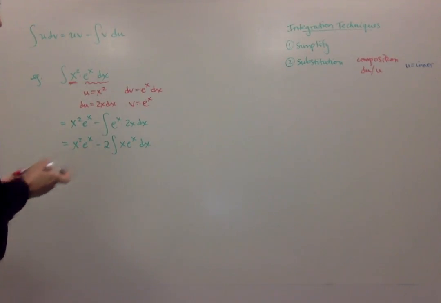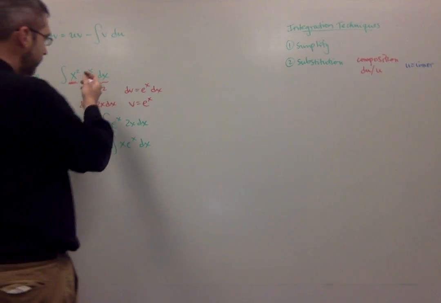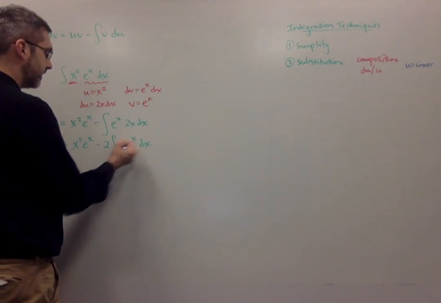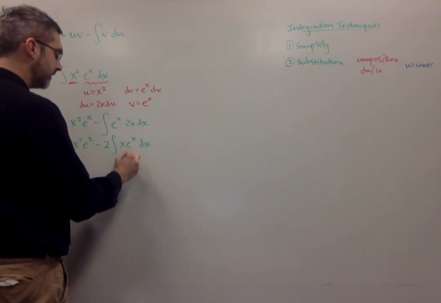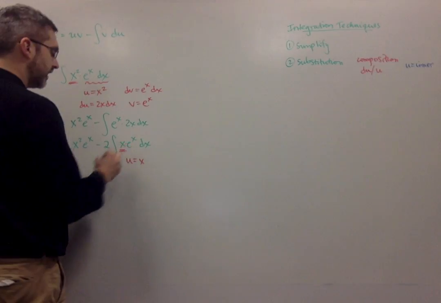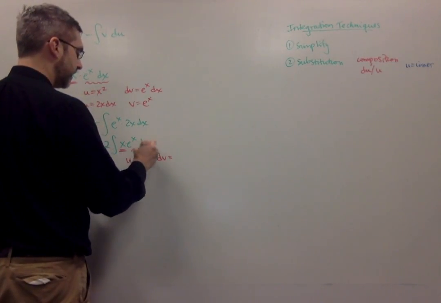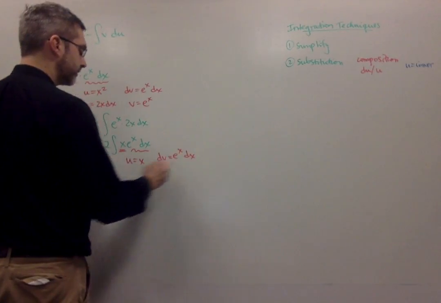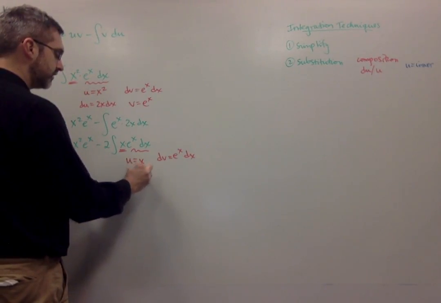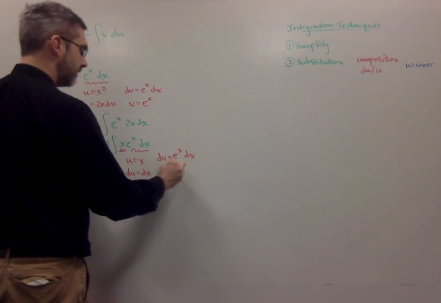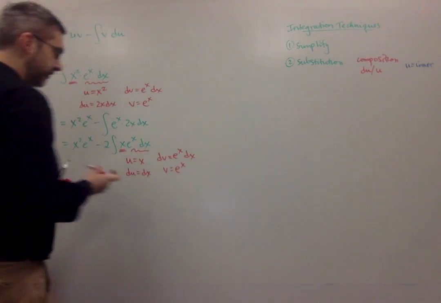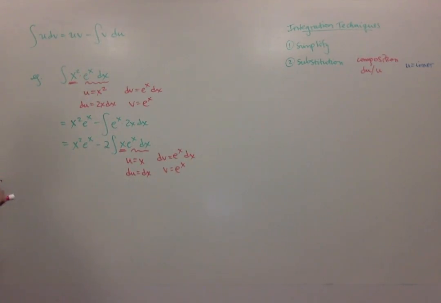So here we picked the right thing, we just need to keep going. So now I'm going to let u equal this part, x, and dv be the rest of it again, e to the x dx. So my du is just dx, and my v is the antiderivative of e to the x, which is just e to the x.